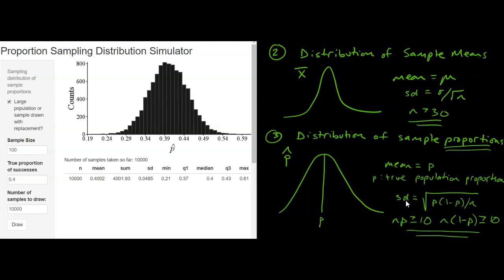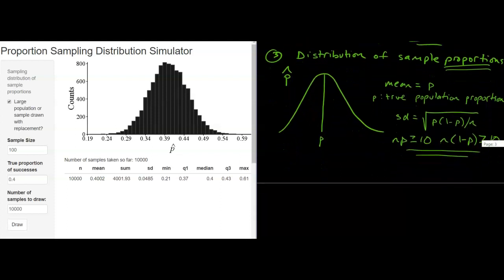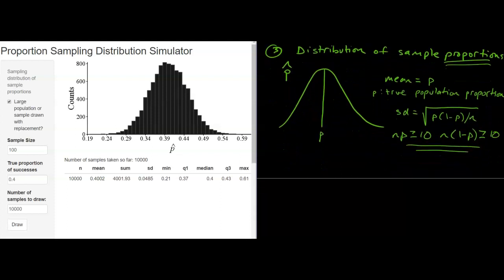The standard deviation theoretically is the square root of p times 1 minus p divided by n. And if we put this into the calculator, I can tell you what that is. So the square root of 0.4 times 1 minus 0.4 divided by 100, that is equal to 0.0490.